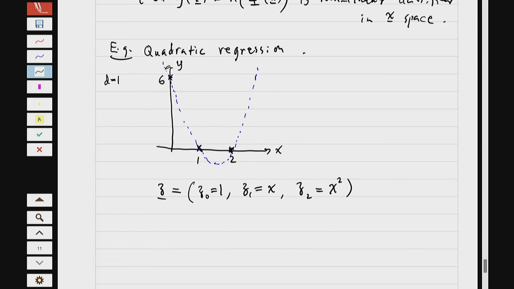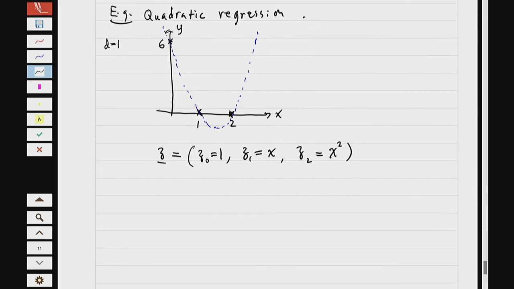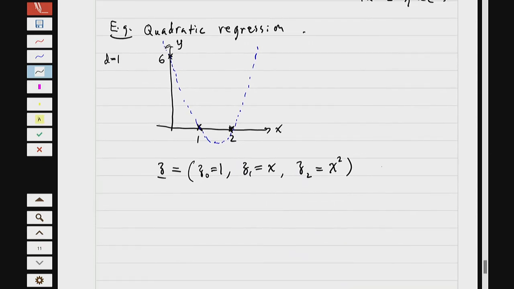Feels a bit strange, but it makes a difference. So therefore now we know that d equals 2 for the Z space. In X space, d equals 1, but in Z space, we get to a higher dimensional space. Almost always, you have to go to a higher dimensional space if you want to do more interesting things.